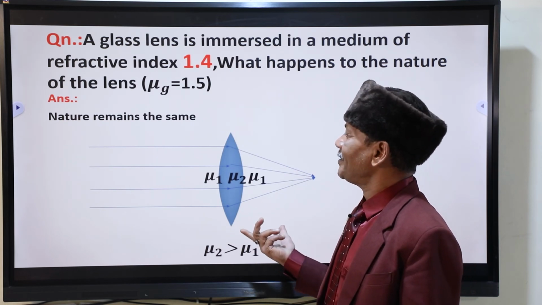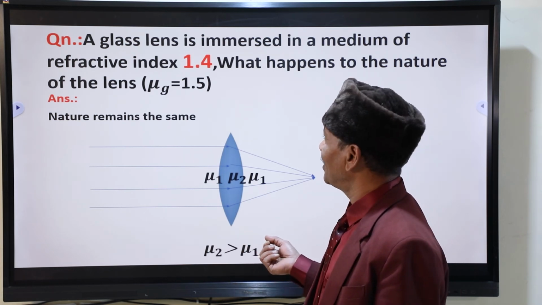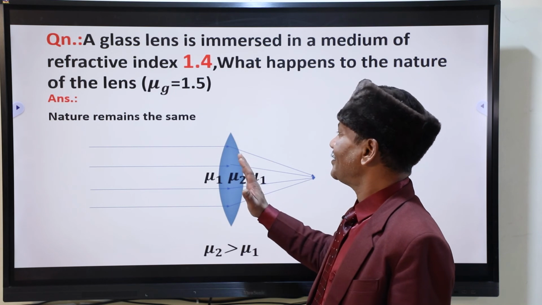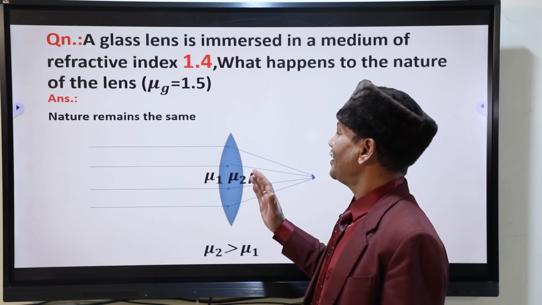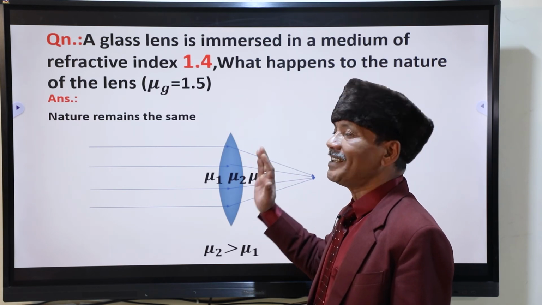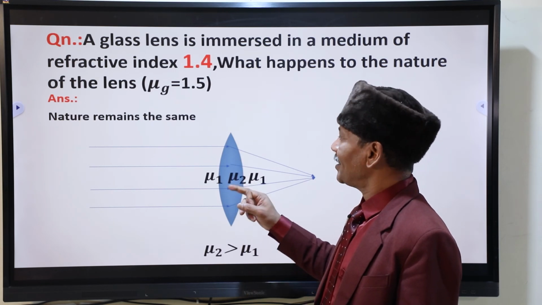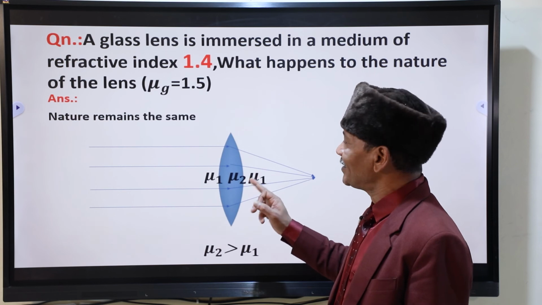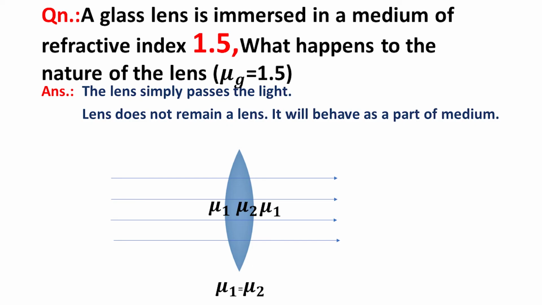Nature will remain the same, which is being given by lens maker's formula. When the lens is immersed in a medium whose refractive index is less than the refractive index of the material of the lens, nature will remain the same. Convex lens will behave as a convex lens. Concave lens will behave as a concave lens.